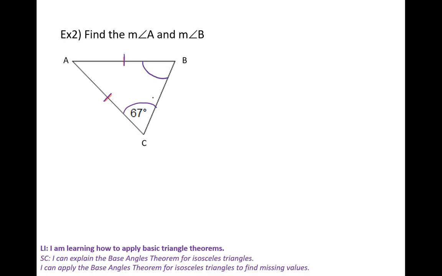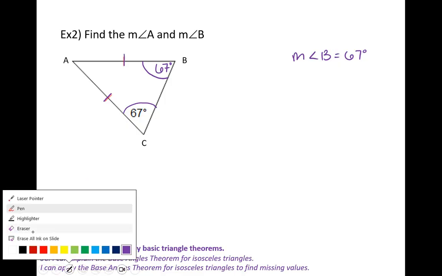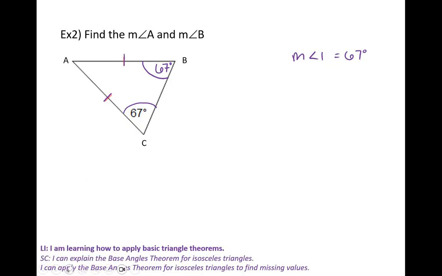So I have these two angles are the ones that must be congruent, which means angle B must be 67 degrees because it is a base angle. So I'm going to write that over here. Measure of angle B is 67 degrees. Sorry, that B kind of looks like a 13, so I'm going to fix that real quick.